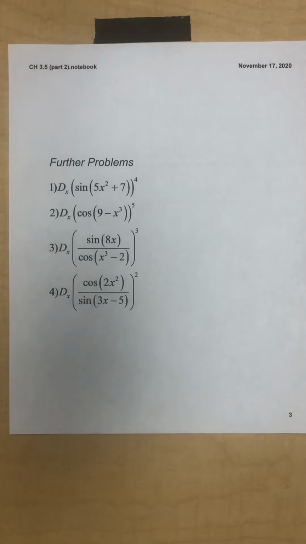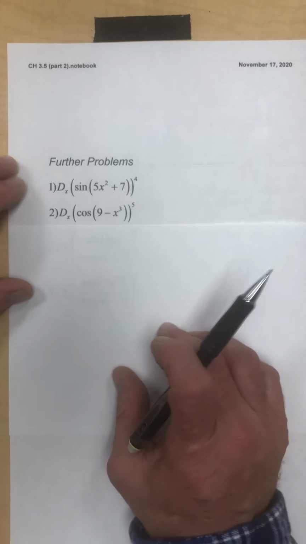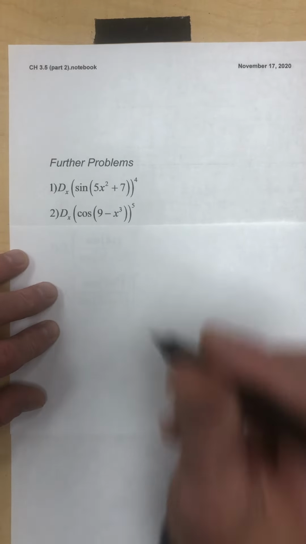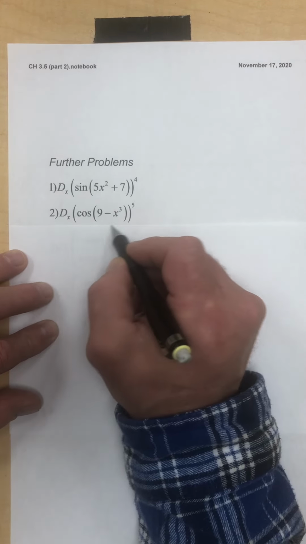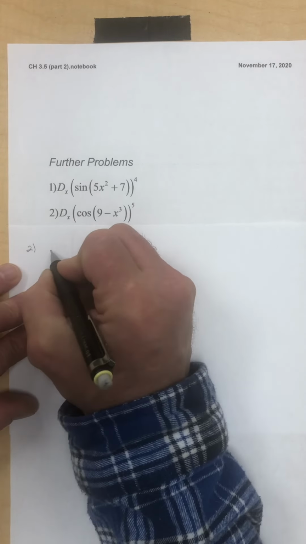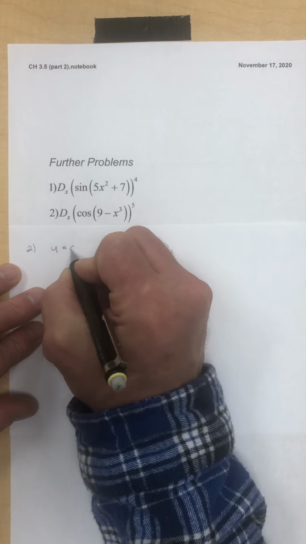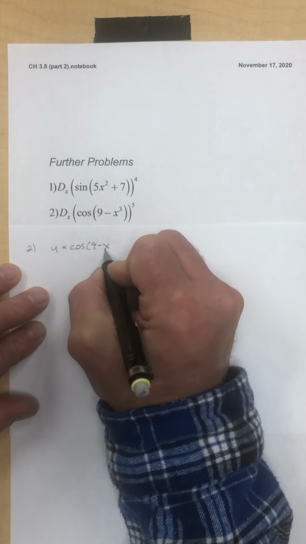Let's take a look at that second one. Notice it's pretty similar to the first one. If I start outside, inside, I have to start with this outside exponent, and let everything inside be u. So let u equal cosine of 9 minus x cubed.